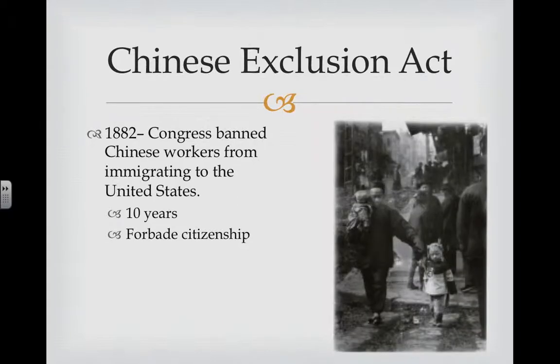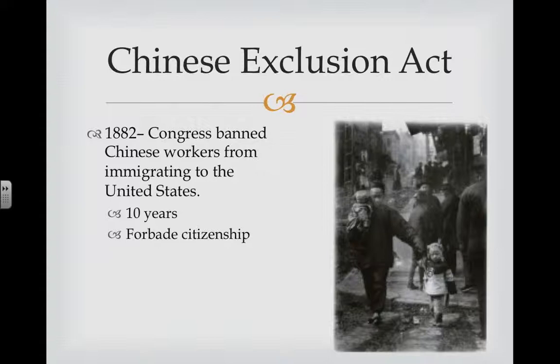Tomorrow in class, we are going to read parts of the Chinese Exclusion Act and look at why this was such a big change. The Chinese were used largely because they were incredible workers and willing to do challenging work, and we can thank the Chinese for the building of the Transcontinental Railroad, because they, along with their Irish counterparts, built most of the railroad, the Chinese largely working from the California side.